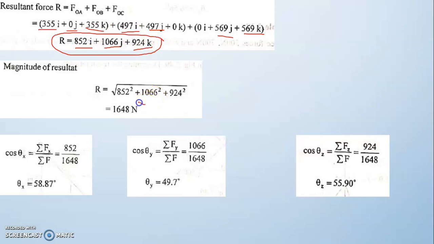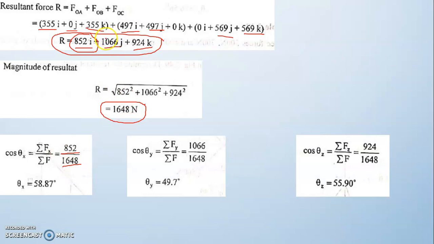We have to find the magnitude of the resultant vector. You just take the square of each term, add them and take the square root, so you get the magnitude. Then you have to find the angles made with the x, y and z axes. For that, you divide the first component, 852 for Fx, by the magnitude: 852 divided by 1648.